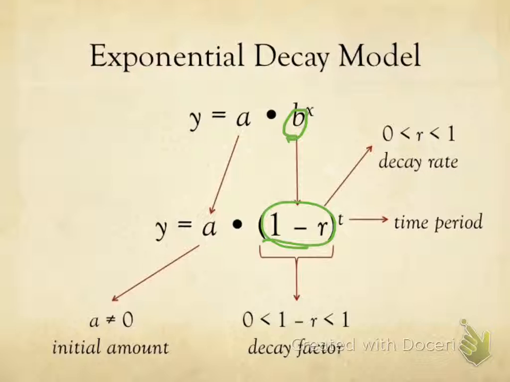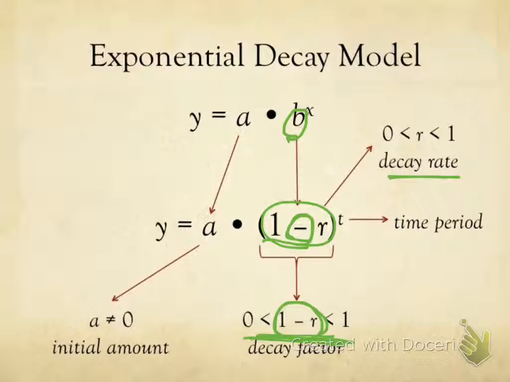For a decay model, we need a base that is between 0 and 1. So now, instead of adding the r value, we subtract it from 1. That way we end up with 1 minus r being something between 0 and 1, which will then give us decay. So again, the r represents the decay rate.